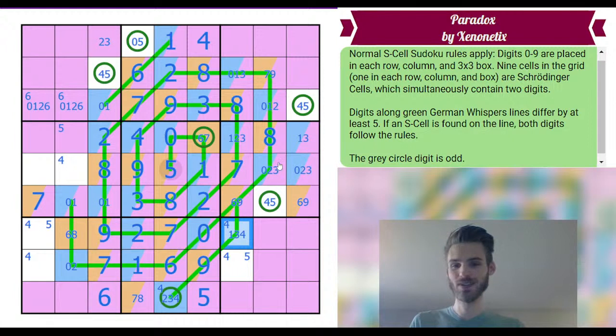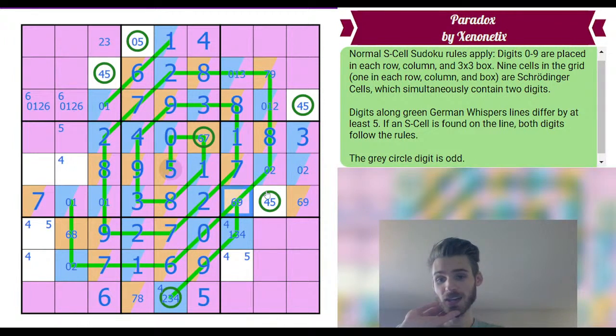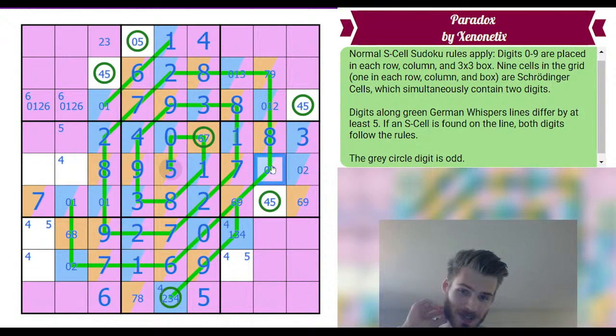Okay, so there's no 2 here, and there's a 7 next to it, so this is a 1. And that's a 3, and there's no 3 down here. So this is 0, 2. It'd be very nice to know if this was a 6 or 9. In fact, can it be a 6? No, it can be a 6 if this is a 0, of course.